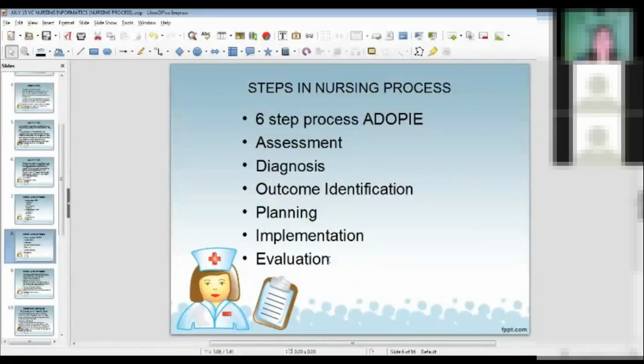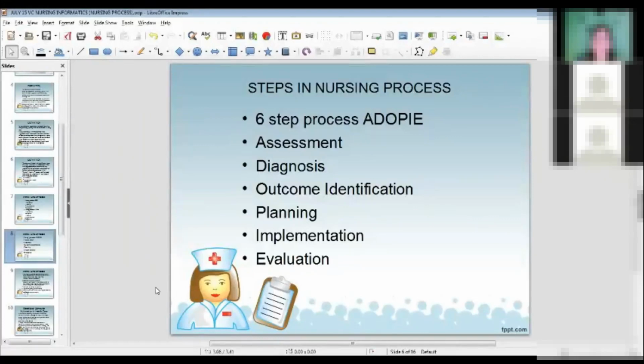So kung hanggang 6 lang yung naabot ng inyong intervention, then you can continue with your intervention up to the time that you have reached your goal. So instead of doing your intervention for 30 minutes, you can add another 30 minutes to continue with your interventions. Diba? So yan yung 6 steps in nursing process.